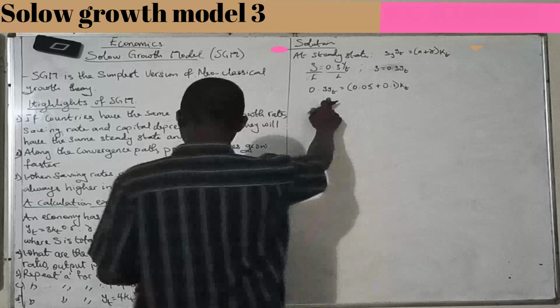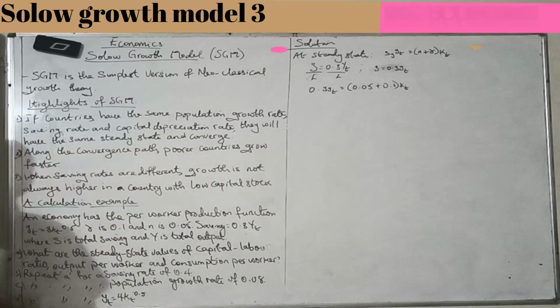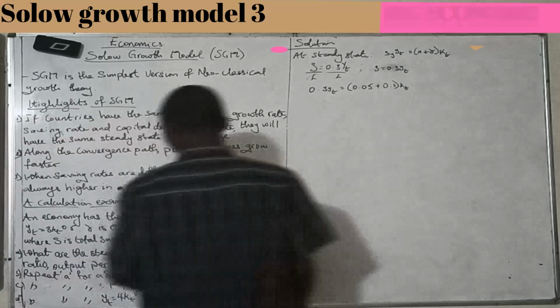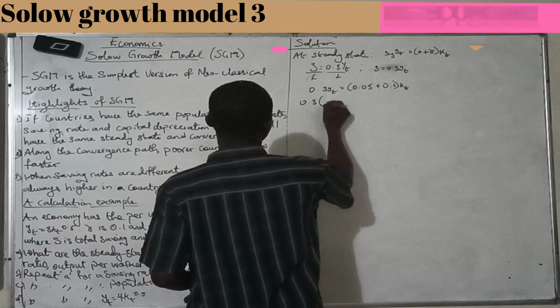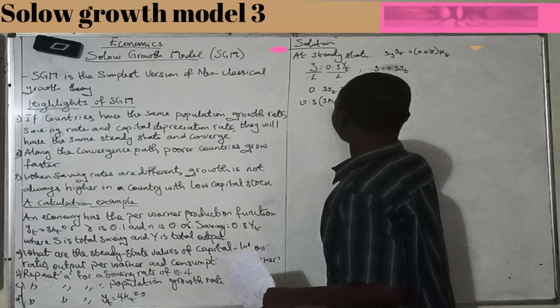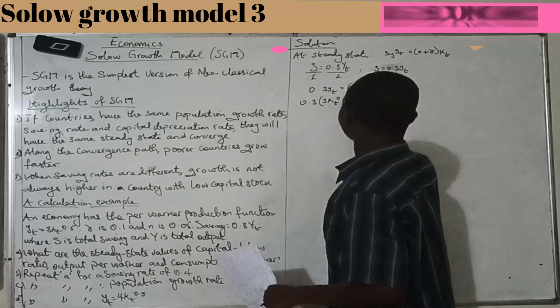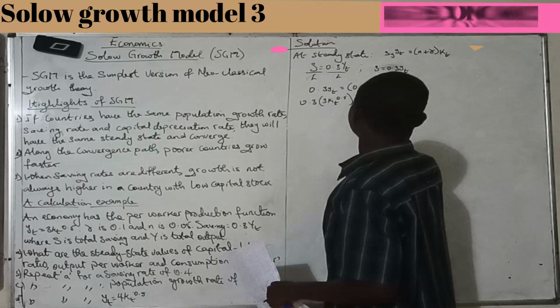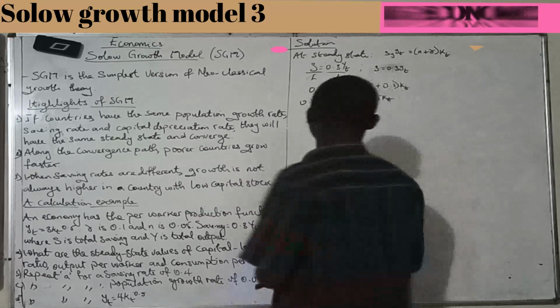Now YT on its own has been given as 3 KT raised to 0.5. So we have 0.3 into brackets 3 KT raised to 0.5 equals 0.15 KT, where the 0.5 is the capital power.